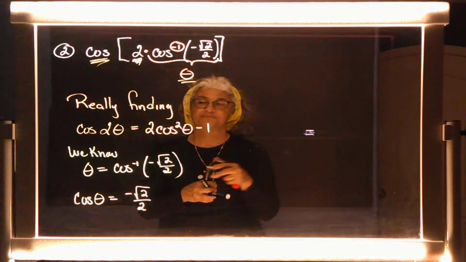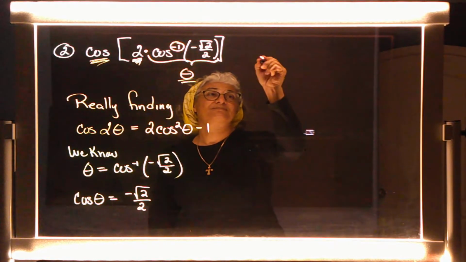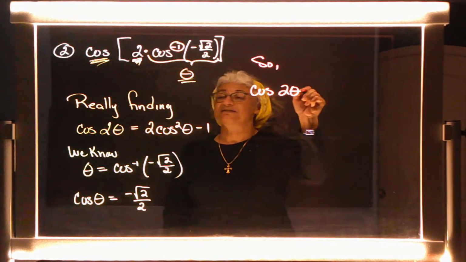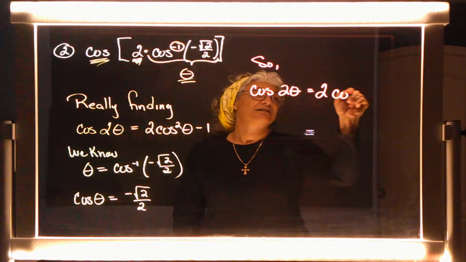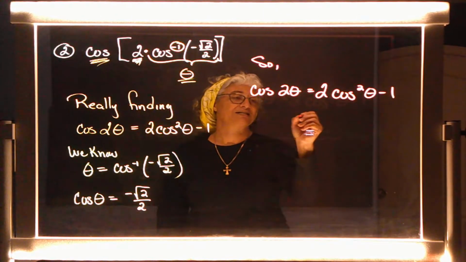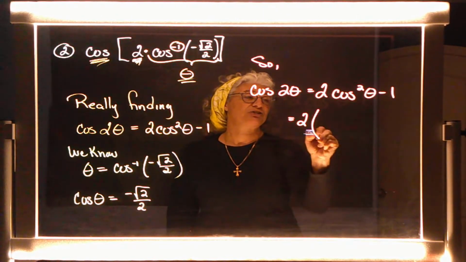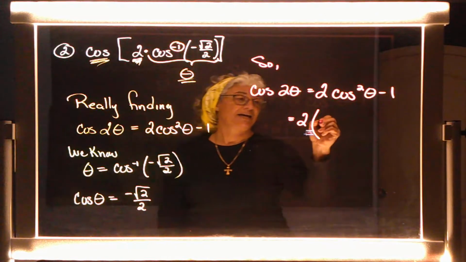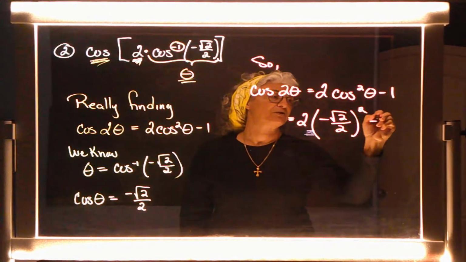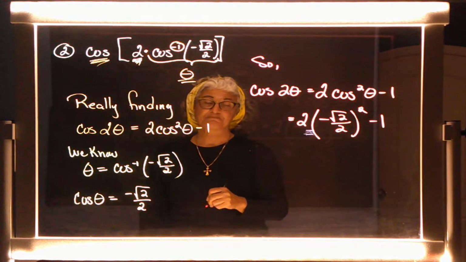So the cosine of 2 theta is going to be found by using this reducing identity and taking 2 and substituting in the square root of 2 over 2 squared minus 1, right?